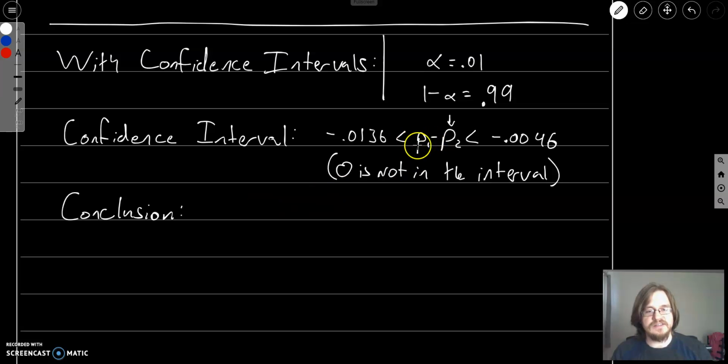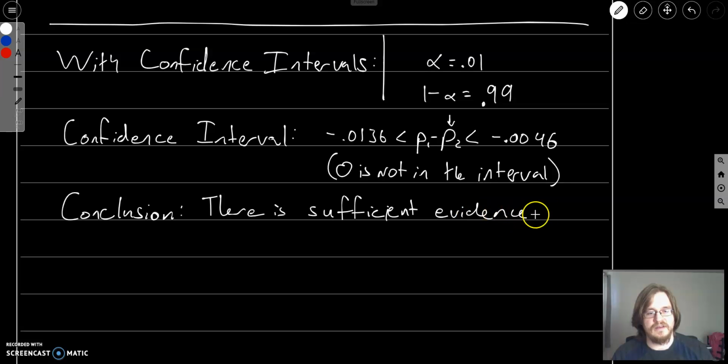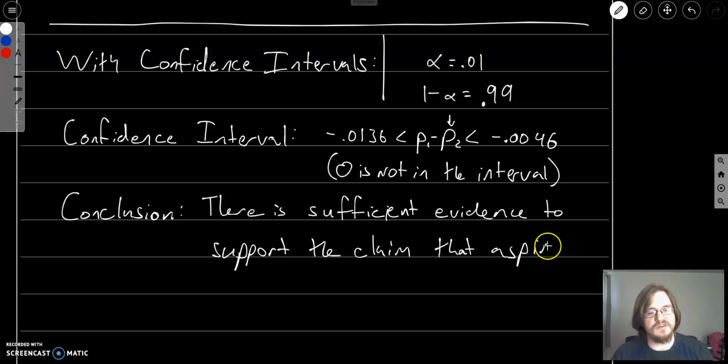So our conclusion is that there is sufficient evidence to support the claim, and you should be getting deja vu, that aspirin reduces the risk of heart attack.